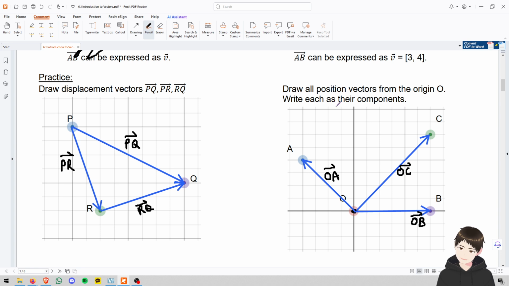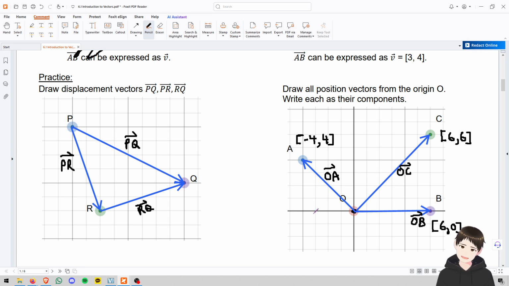Write each as their components. Okay, vector OA would be 1, 2, 3, 4, comma, up 4. Okay, this would be 1, 2, 3, 4, 5, 6, comma, 0, and this would be 6, comma, 1, 2, 3, 4, 5, 6, just like that.